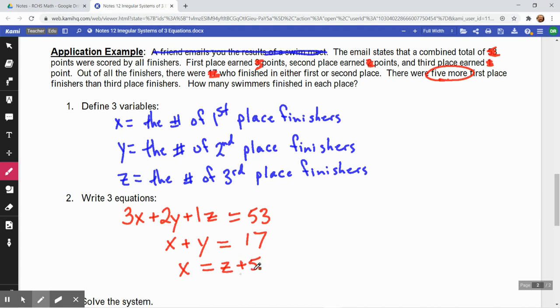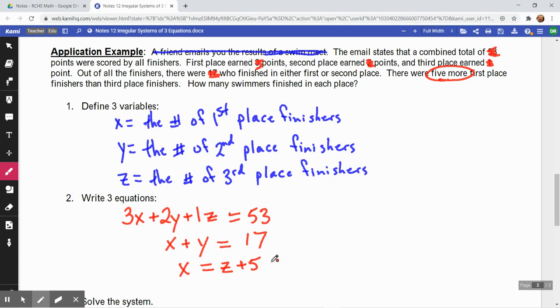Earlier in the first video, we talked about substituting in for X. And we can replace X with a Z plus 5 anywhere we want to. It might take a little more work this time because this first equation has all 3 variables in it. So another option to this is still use elimination.